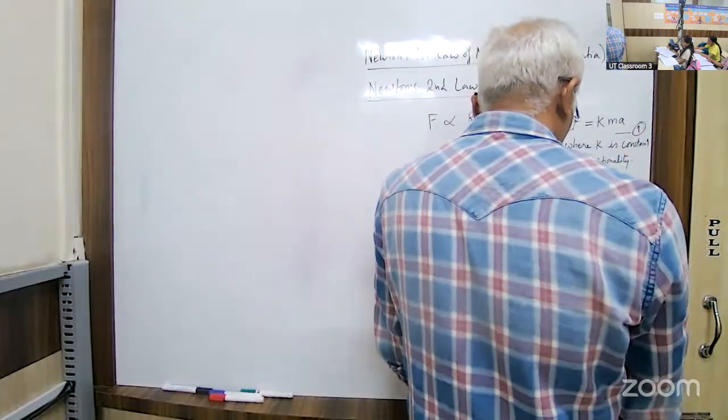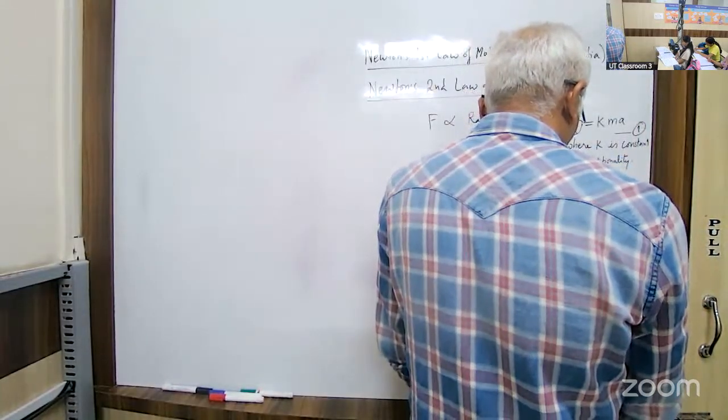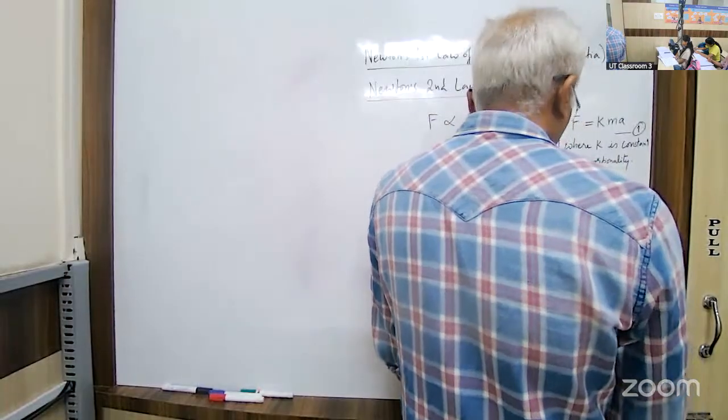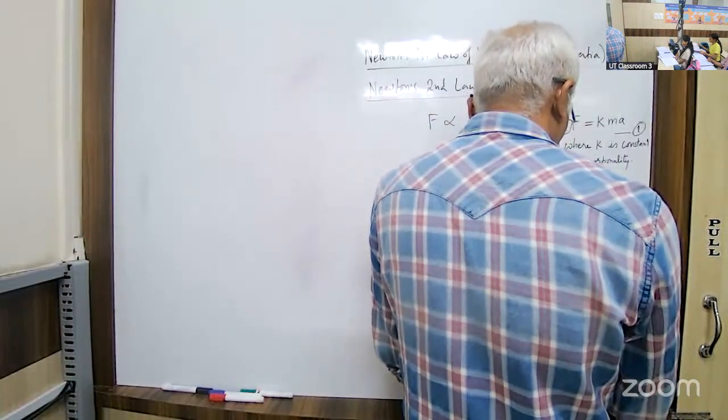From equation 1, what do we get? Kg meter per second square.